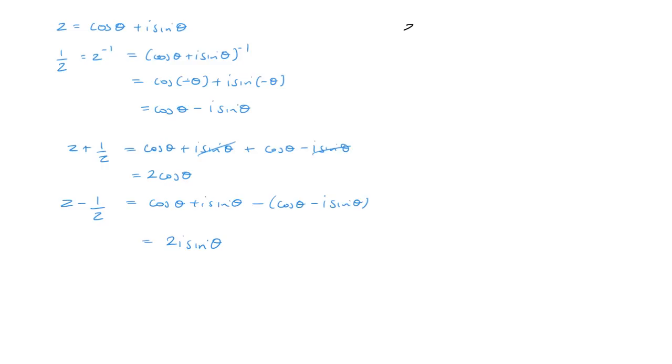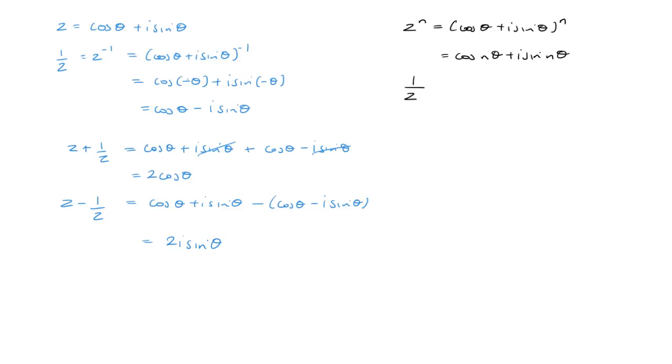Now, if we think of the same thing, but this time z to the power n, this is cos theta plus I sine theta to the power n, or cos n theta plus I sine n theta.